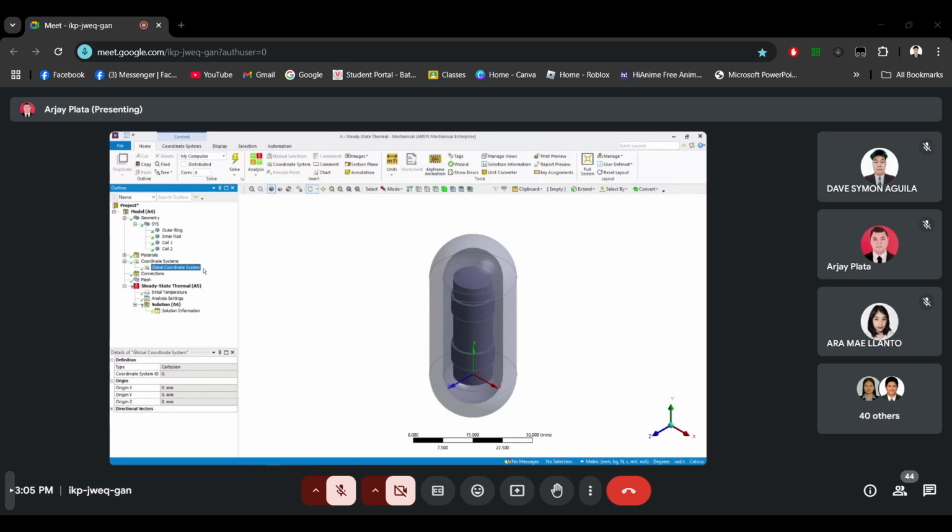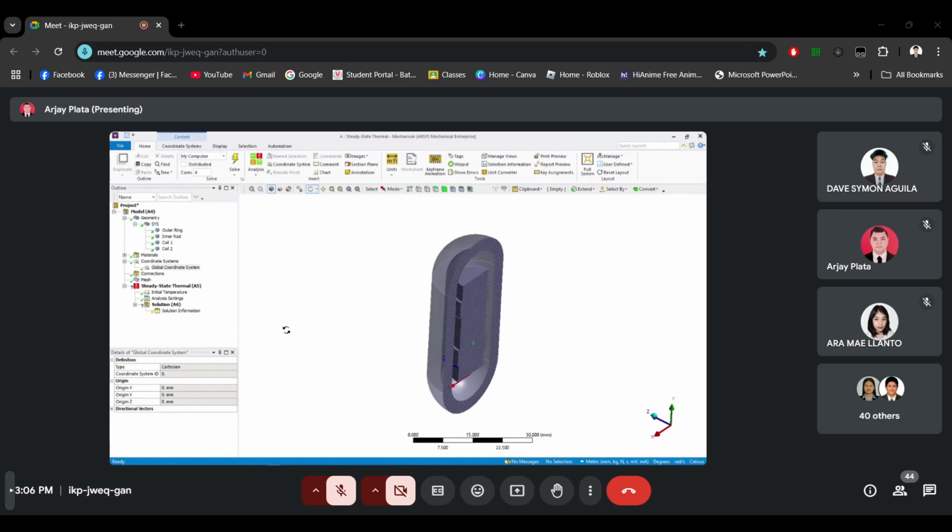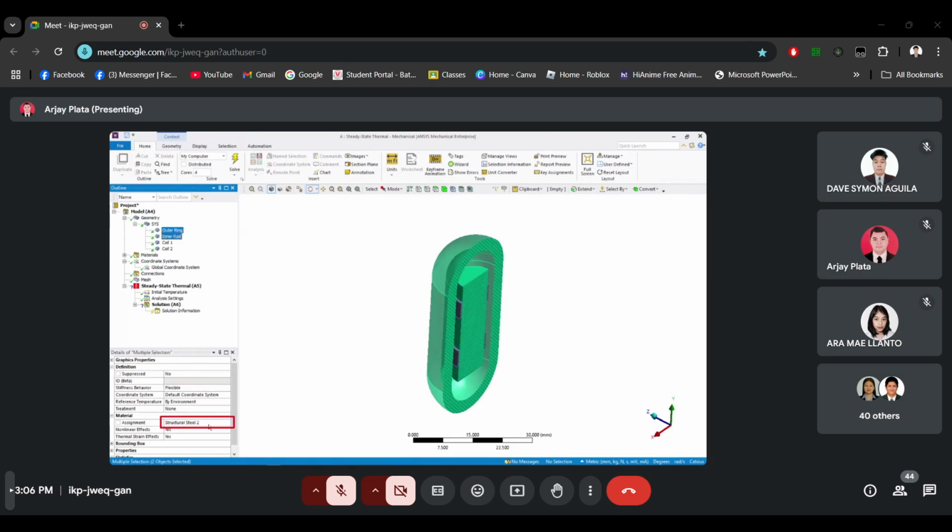The global coordinate system has its XY plane bisecting the assembly. So let's use this. Right-click and insert a cross-section plane. Now that we are able to access all the parts, let's go ahead and assign materials. The capsule and the cylinder have default steel material assignment. Select the two copper coils and set their material assignments to copper.